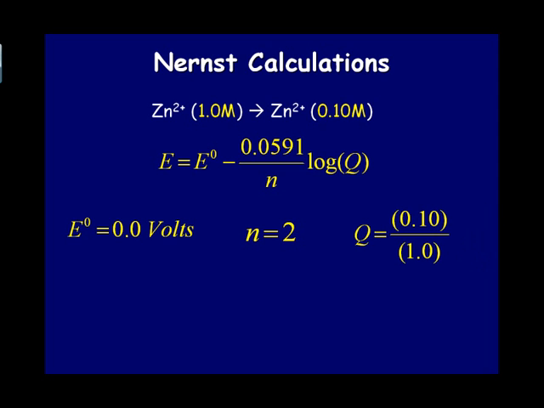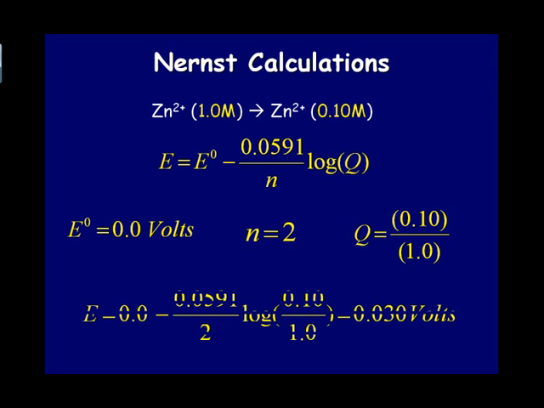Now, the different part here is the Q. When we look at the reaction above, remember that Q is products over reactants, and so we see the zinc 2+ is 0.1 M, and the zinc 2+ on the left side, reactants, is 1 molar. So we're treating this just like any Q or K calculation: product concentration over reactant concentration.